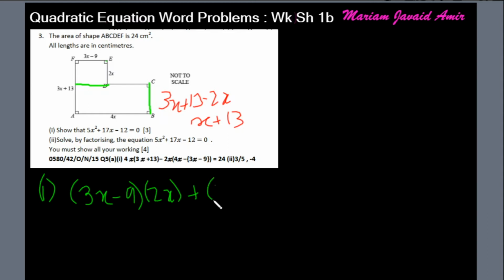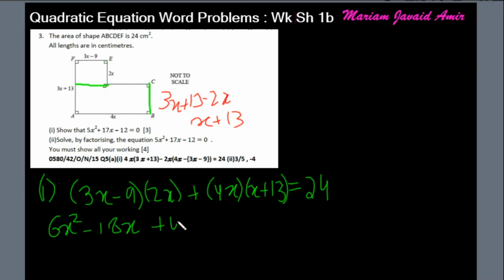So 4x times x plus 13, and this should equal 24. Now open the brackets, we get 6x square minus 18x plus 4x square plus 13 times 4 is 52x, and let's bring 24 to this side, equals 0.